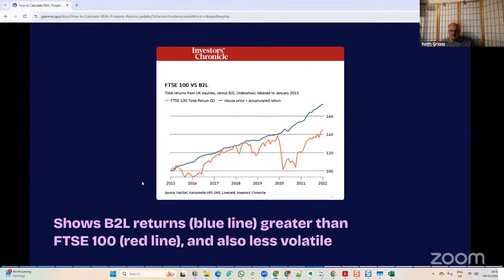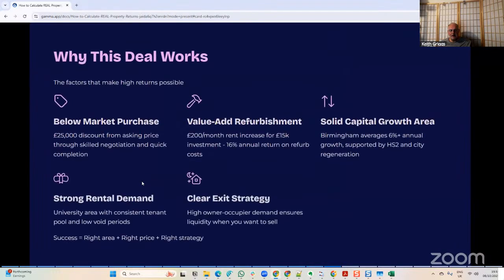Okay, so why does this deal work? It is important to get a relatively high yield. I think it is difficult buying in central London because the yields are so low and the property prices are so expensive, so these things are always a bit easier outside London. Rental yield is important because that's money coming in every month.